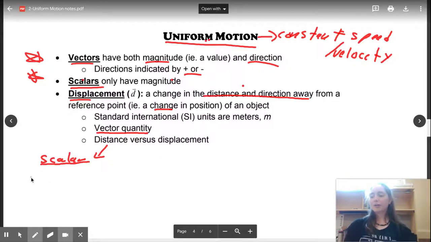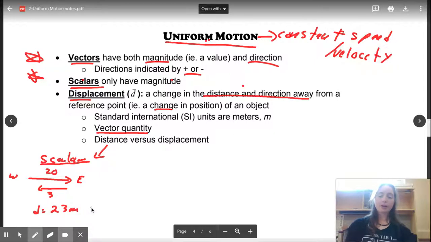If I go 20 meters this way, and then I go 3 meters this way, and we're going to make this west and this east, what's the total distance? 23 meters. We don't care whether we're going east or west. Your feet plodded along the pavement for a total of 23 meters.